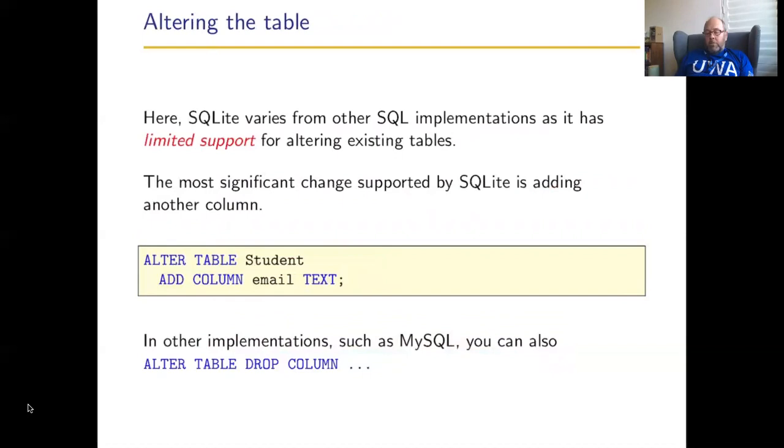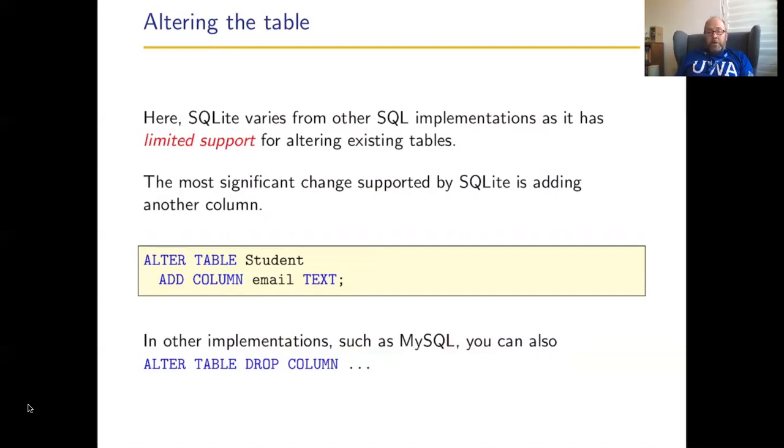Okay, alter table. One thing that's very frequent, particularly if you start developing a database from scratch, is that you start with some tables and then you suddenly realize you've forgotten something that was important, or you need to change the structure in some way. The SQL command to do such things is called alter table.